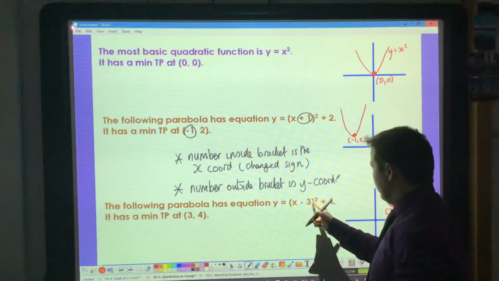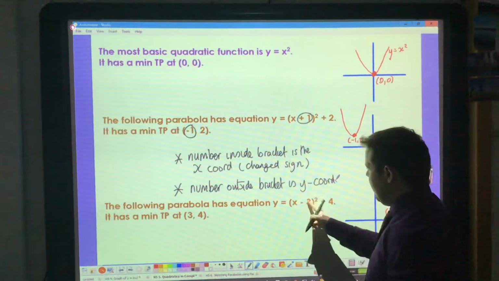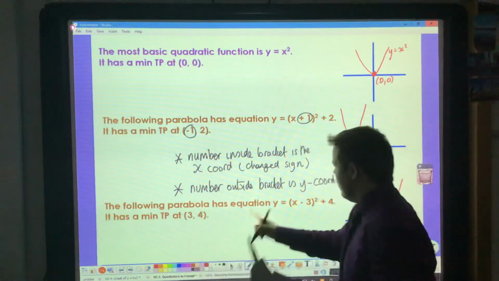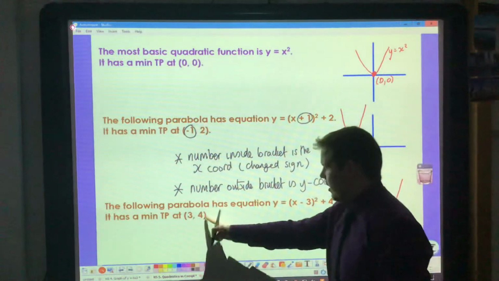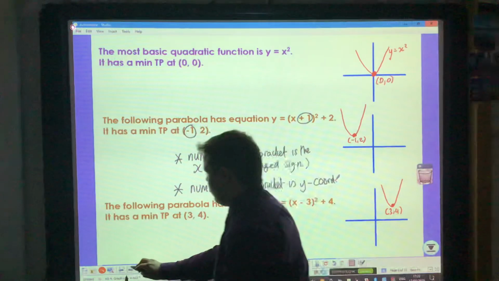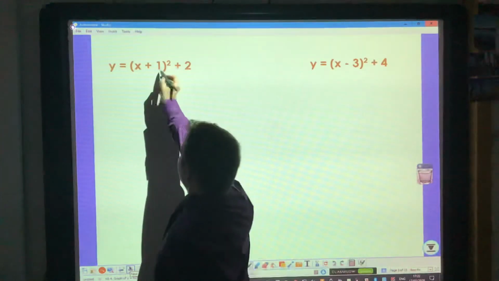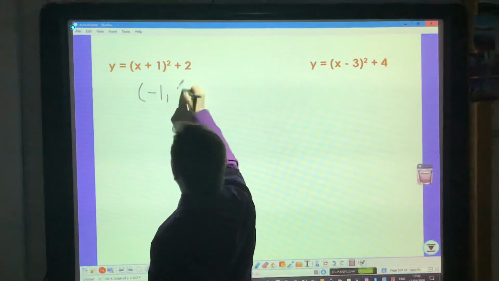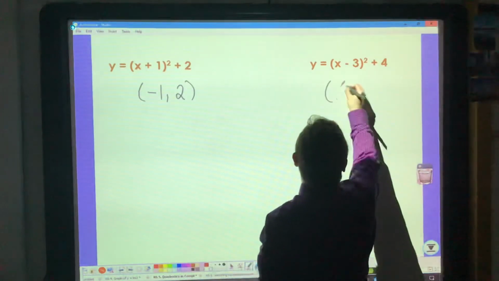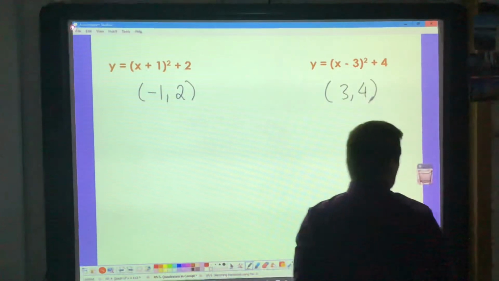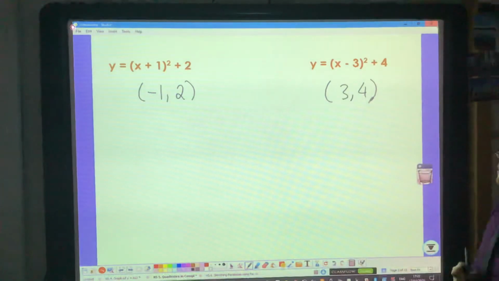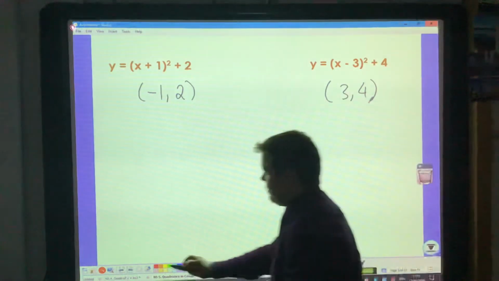Well, the number inside the bracket is negative 3, it changes to positive 3, yep, and the number outside the bracket stays the same. So, yep, that matches up, and that's the two we've got. So what we can do, without actually drawing it, we can now say, okay, the turning point is minus 1, 2, and 3, 4.